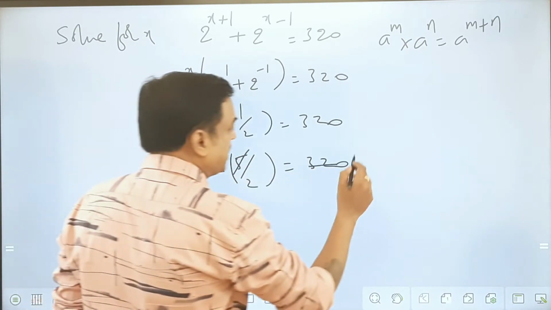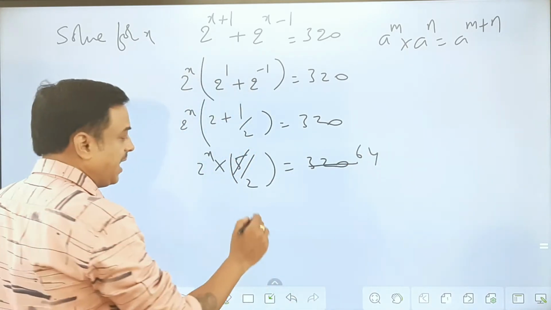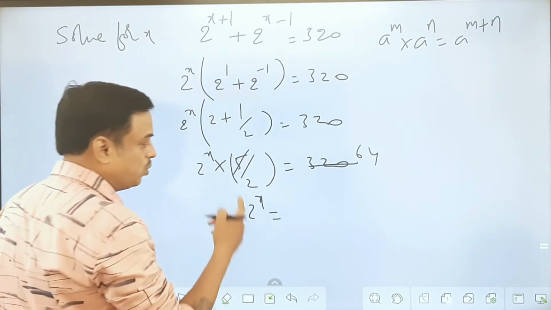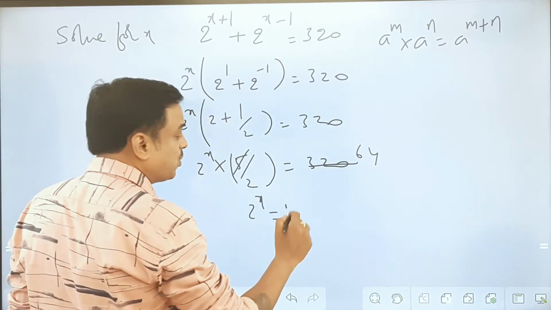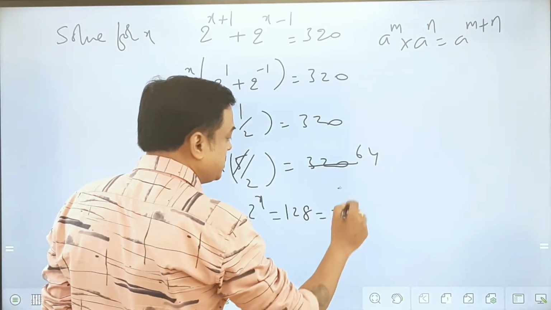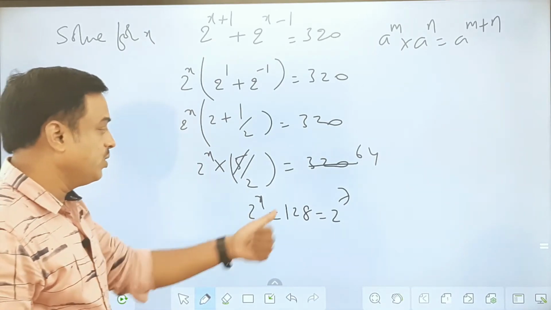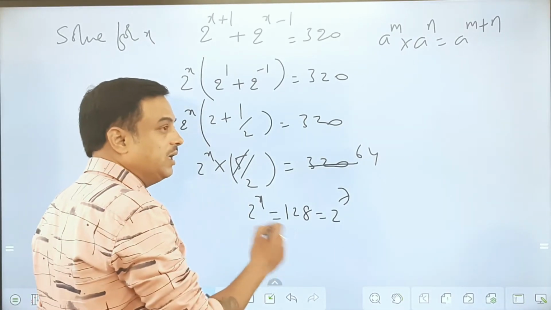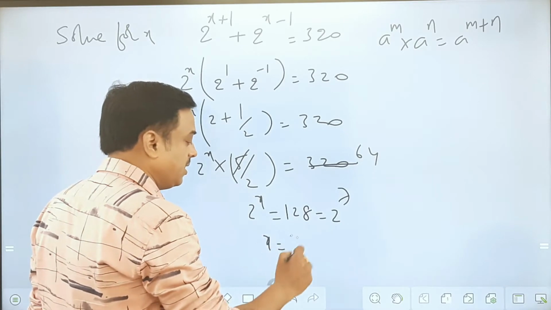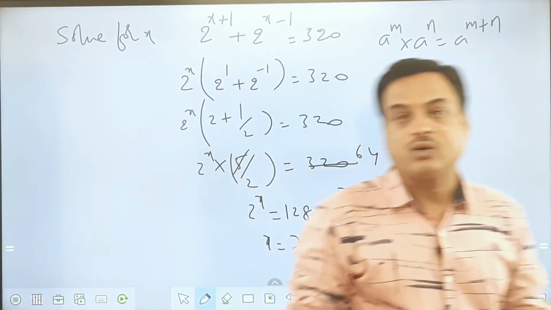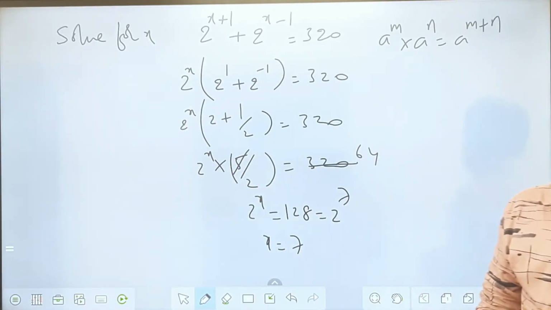In 5 this gets cancelled by 64, and 2 power x, after cross multiplying, is going to be 128, which is in the form of 2 power 7. Now you can compare: the bases are equal, so powers will be equal. So x is equal to 7 is the ultimate answer for this.